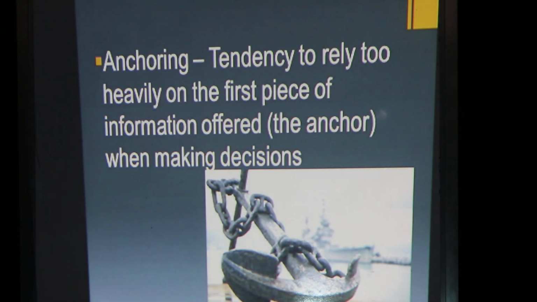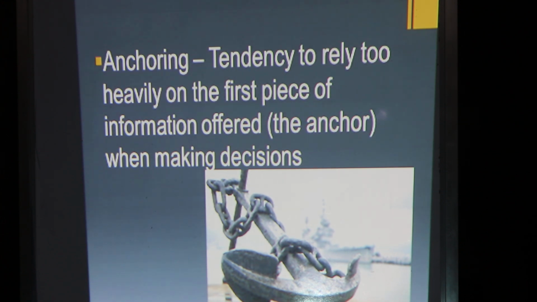And the next one is anchoring. Anchoring can be best described with an example. This is just an example. Let's assume that Manila's population is 10 million people. They say that Quezon City is 20% higher in terms of population than Manila.